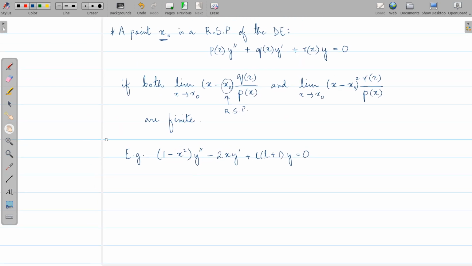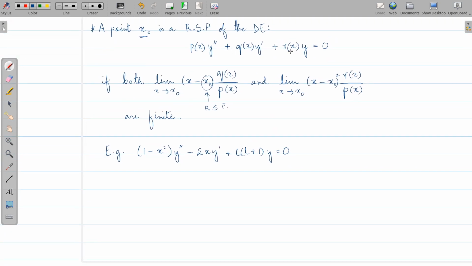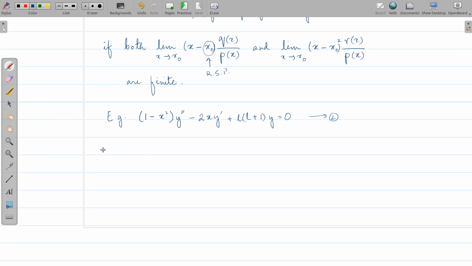This is the Legendre differential equation. Now compare it with this one. Let's call this equation number 1 and this equation number 2. So comparing equations 1 and 2, what do we get?